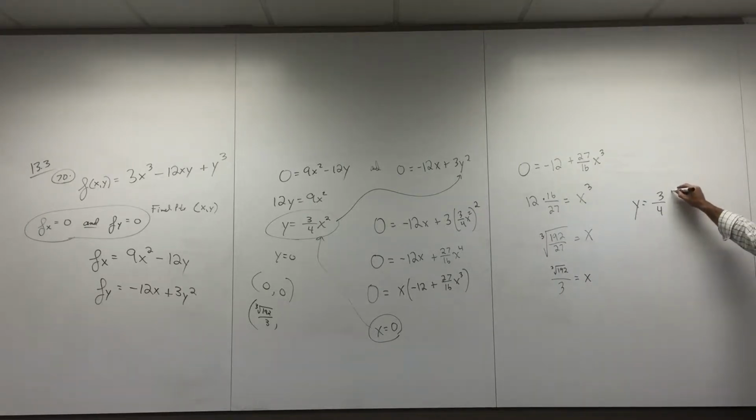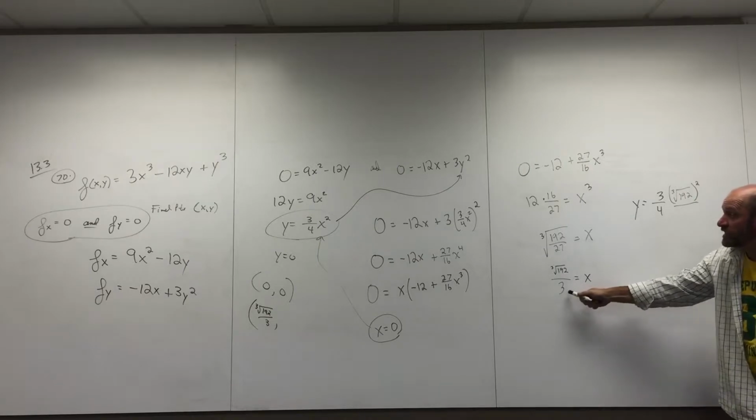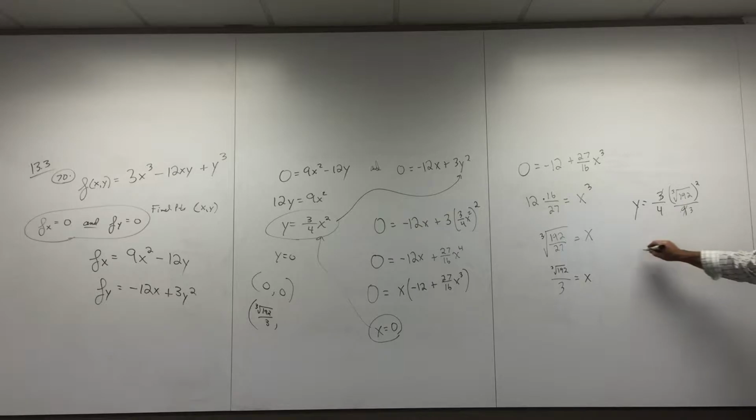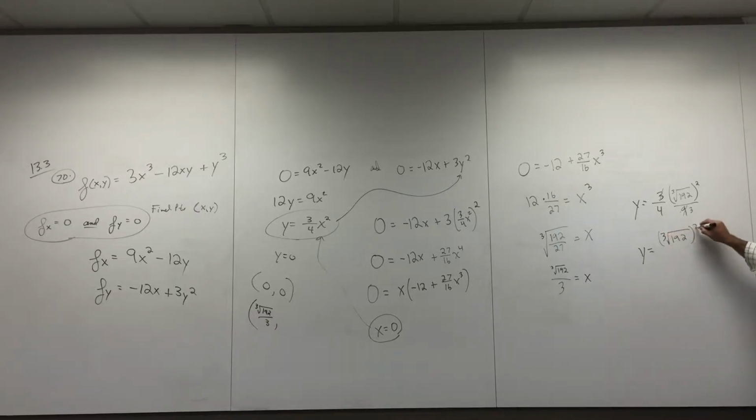So you have the cube root of the 192, and that gets squared over the 3, which gets squared. You're saying that's just a 9, right? Yeah. You can cancel that 3 with that 9. That would be a 3. That would be a 12. So I'm getting the cube root of 192 squared over 12.